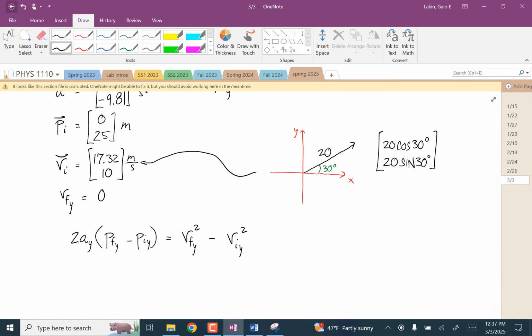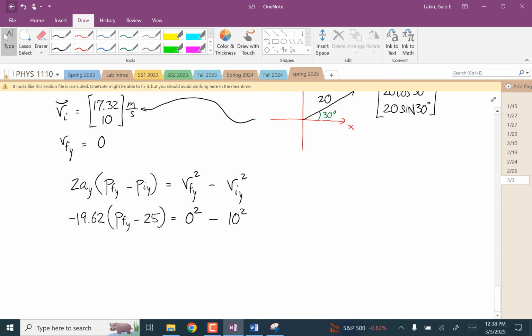So if you plug all this stuff in, you get negative 19.62 times the quantity PFY minus 25 is equal to VFY squared, which is 0 squared, minus VIY squared, that's 10 squared. And remember that we're just squaring the 10, we're not squaring that negative.